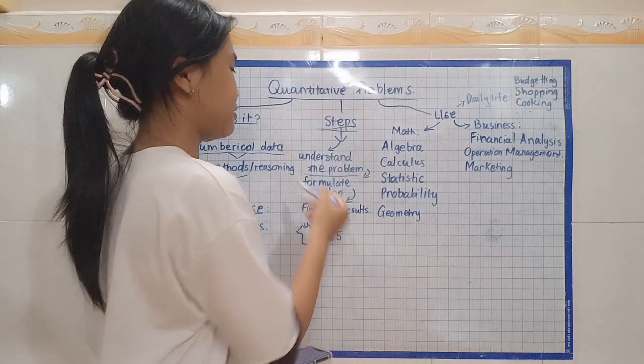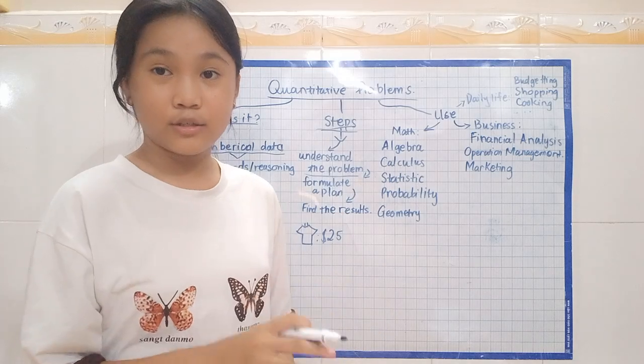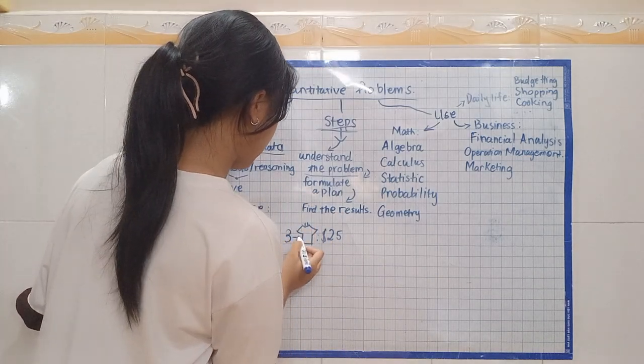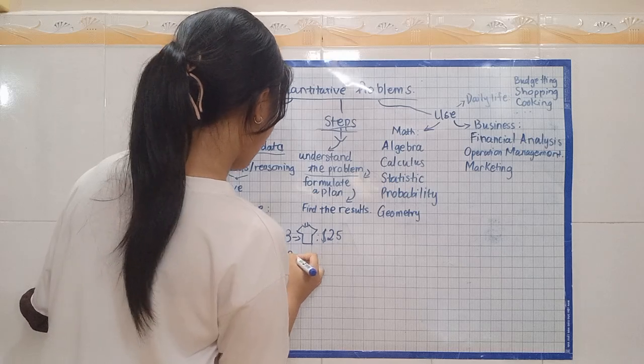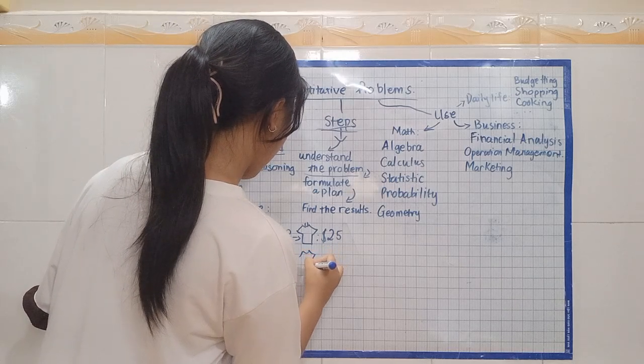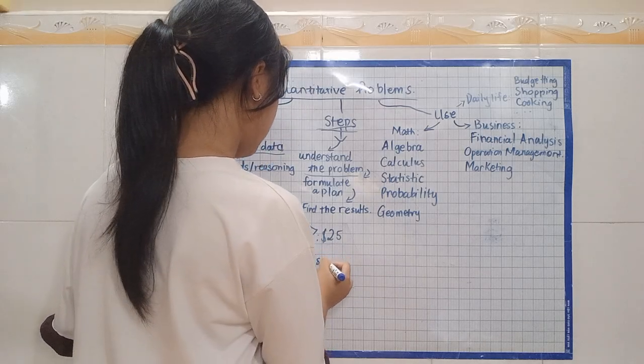So first, we need to understand the problem: we must find out how much we need to spend if we want to buy three of these shirts. How much will it cost for me to pay actually?